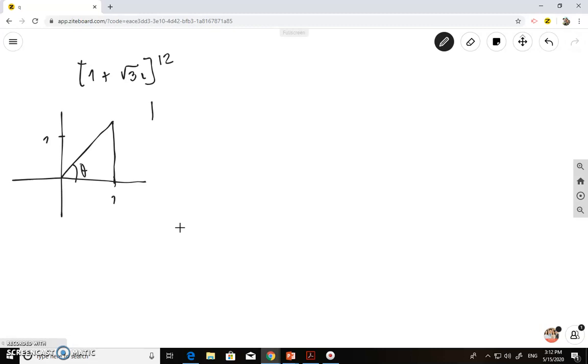Solve for r. 1 squared plus square root of 3 squared, which is equal to 1 plus 3, which is equal to 2.